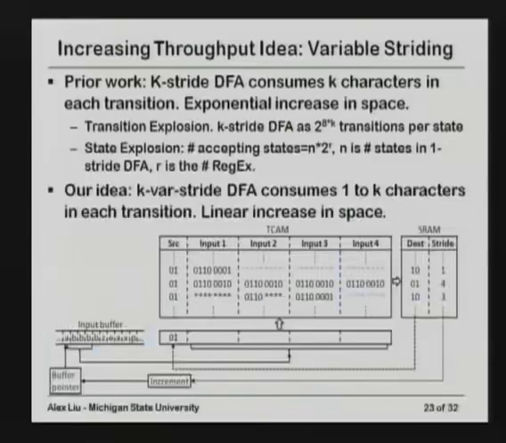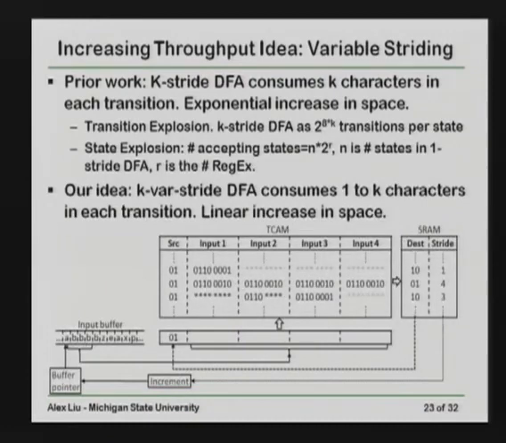Okay, so next we'll talk about the idea for increasing throughput. This idea is called variable striding. In previous work, people considered k-stride DFA. Every time they consume k characters in each transition, and this ends up in an exponential increase in space.